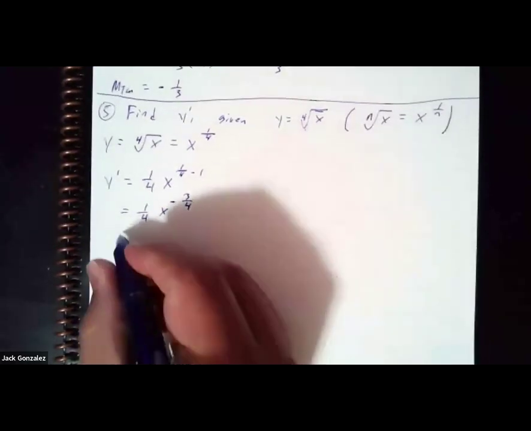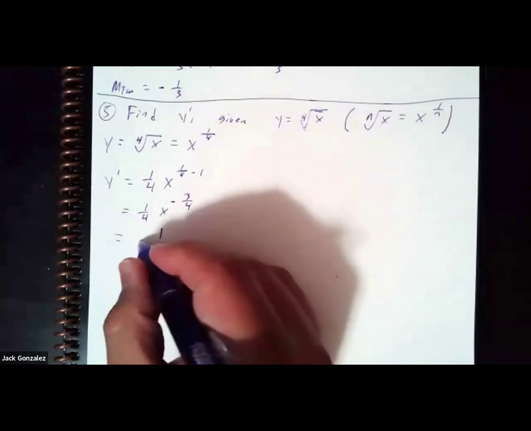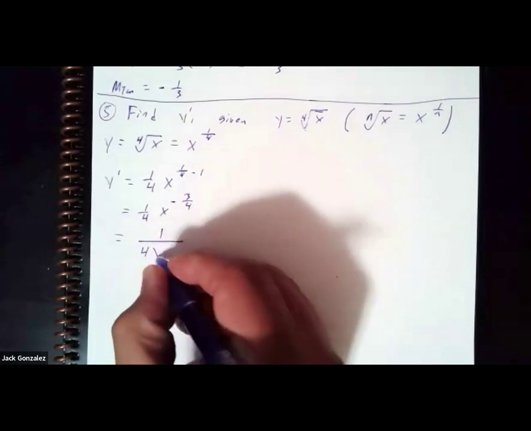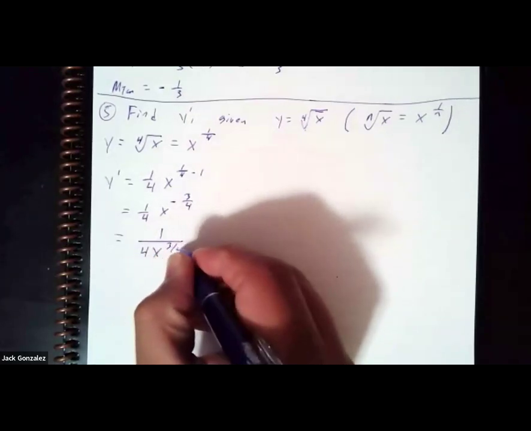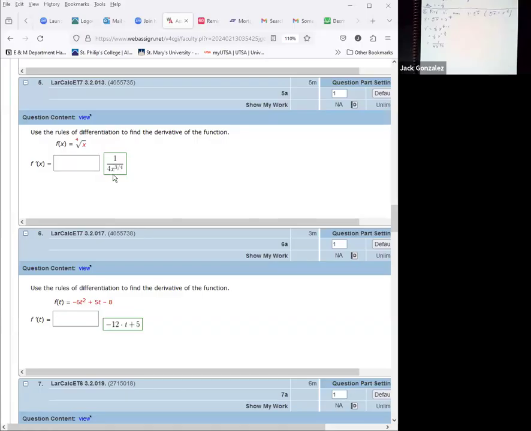I don't think they like negative exponents. So bring that down to the bottom. And that's it. That's why they got this.